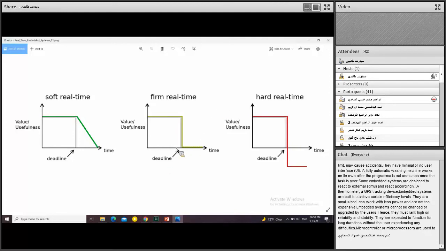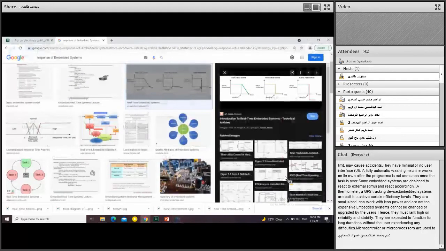But in firm real time, we have an operation like the ideal expectation. In hard real time, the value decreases much more than the expectations after the deadline. Okay.